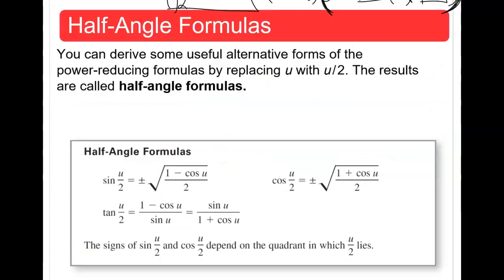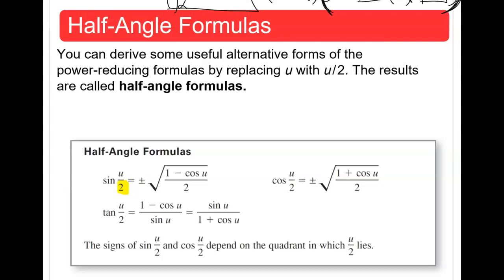The next group of formulas we have here are the half angle formulas. You can derive some useful alternative forms of the power reducing formulas by replacing u with u divided by 2. The results are called half angle formulas. So we're not going to derive those, but we have them here, and we have sine of the angle u divided by 2.